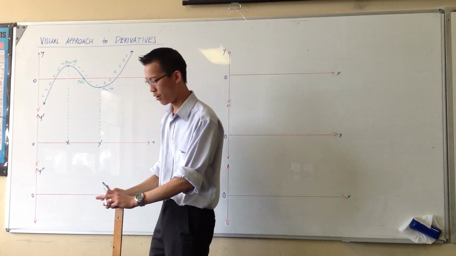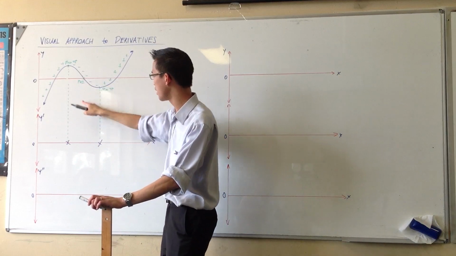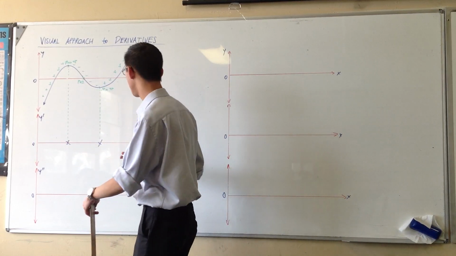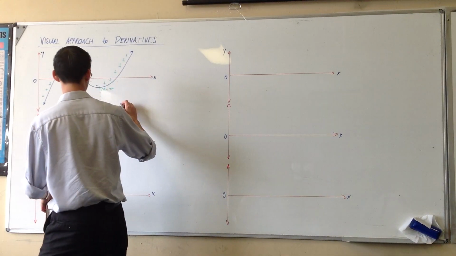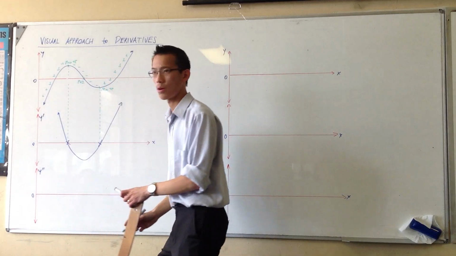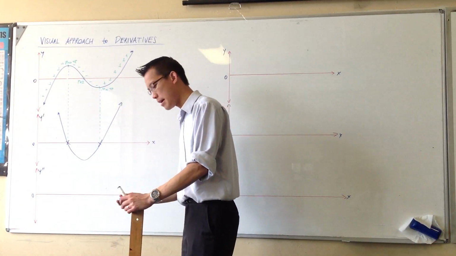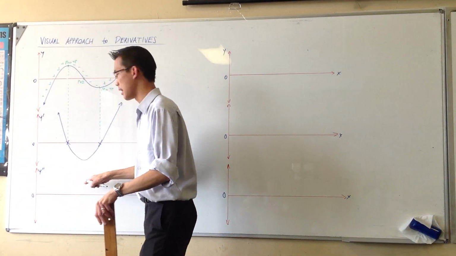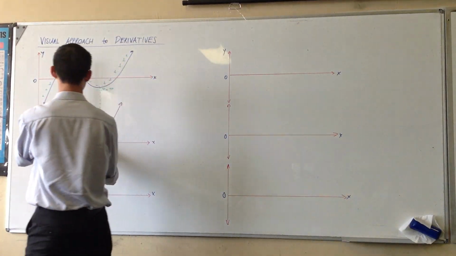So this point here should correspond to the lowest point of our first derivative. So this is what I'm going to have. And in fact, you should be able to take your ruler and draw down from that point of inflection, which should line up with this vertex, which I'm going to do now.